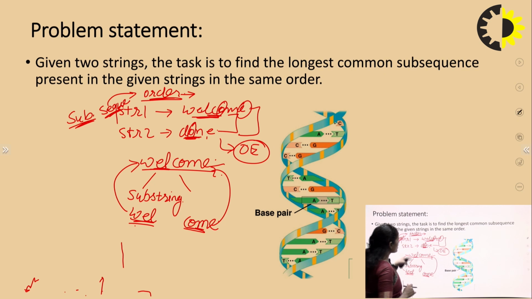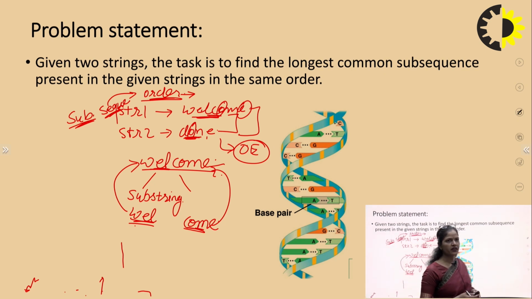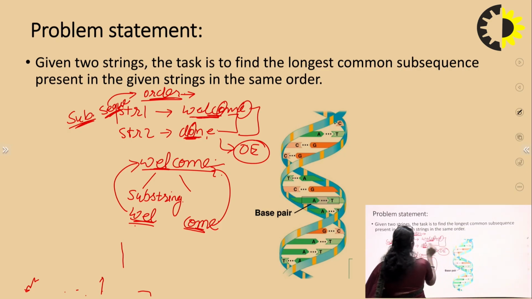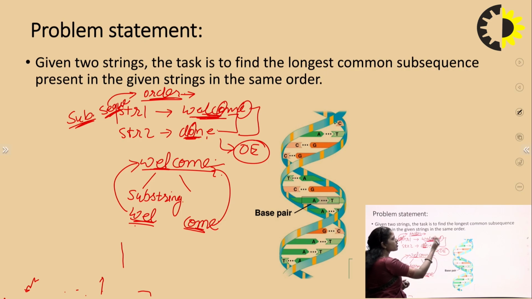So this is the meaning of today's topic, and this is the problem statement. We have two strings, and the task is to find the longest common subsequence present in the given strings in the same order. From a particular string we have to find out a number of subsequences, but among all the subsequences, which one is the longest?